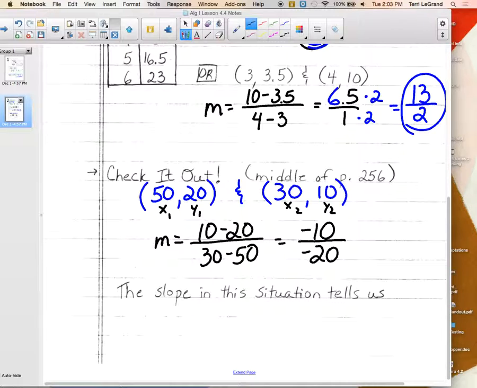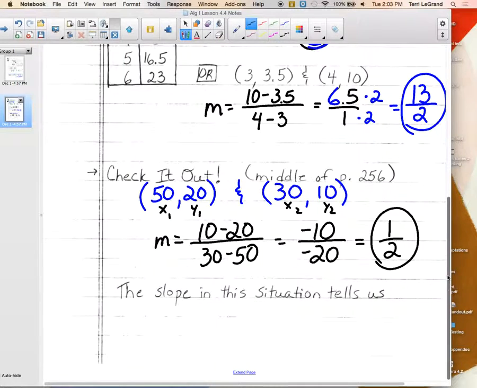A negative divided by a negative is a positive, so it's going to be a positive slope. 10 divided by 20 is a decimal, so let's leave it as a simplified fraction. 10 over 20 can be simplified to 1/2. So this is a slope of 1/2.